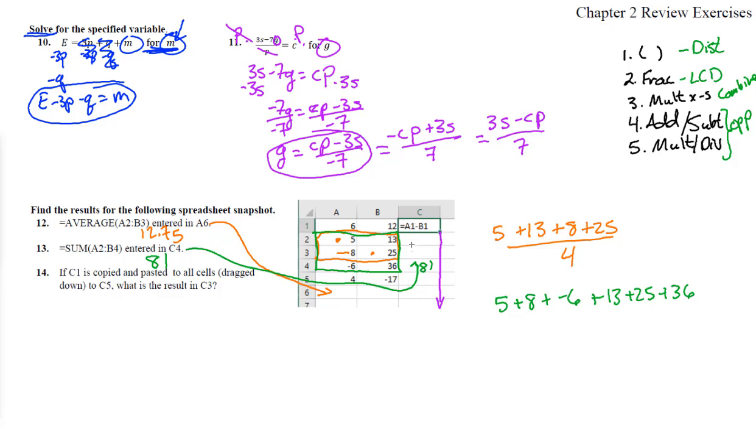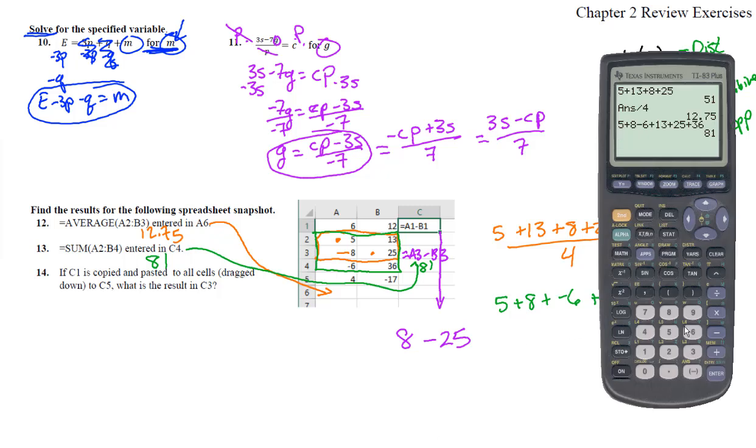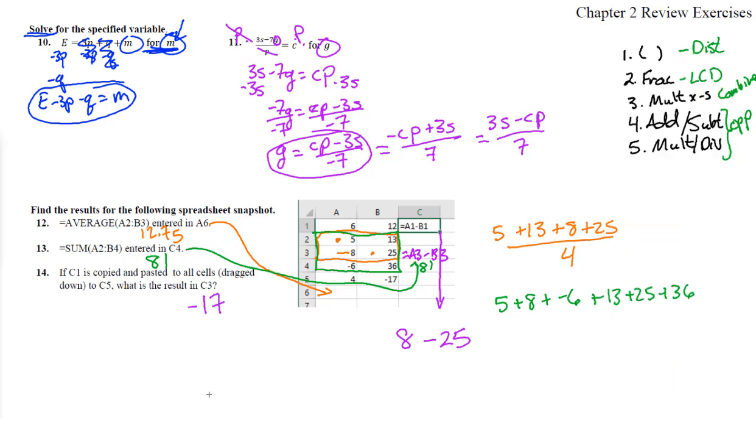Now, if you just drag this down, as you drag it down, it changes, so that's A3 minus B3. So it's going to be A3 is 8 minus 25. Do that in your head, or 8 minus 25 to make sure you don't get the wrong answer, and you should have a negative 17. Okay, good. That's 10 through 14.